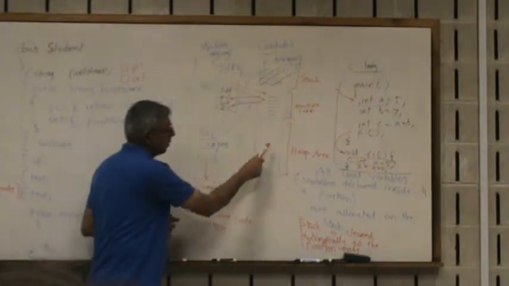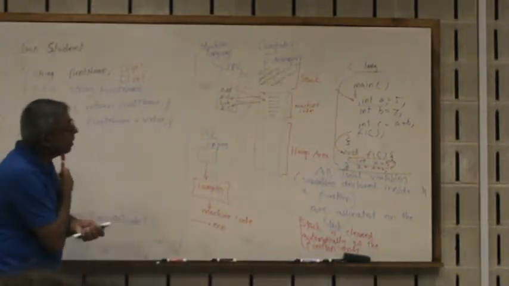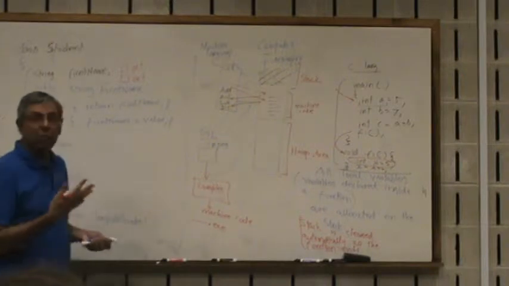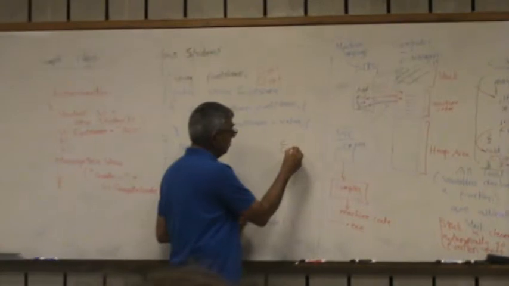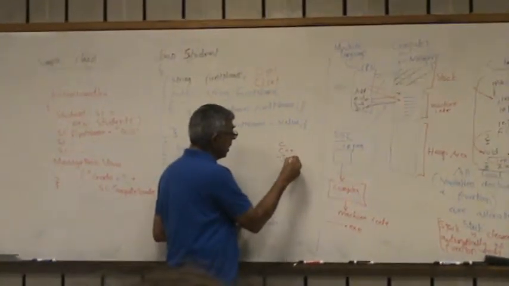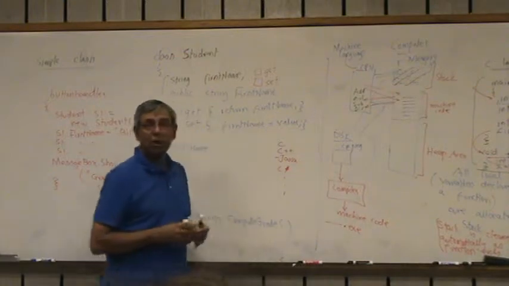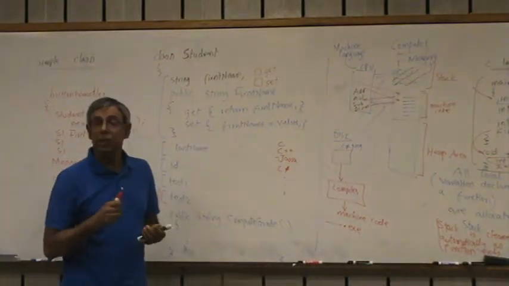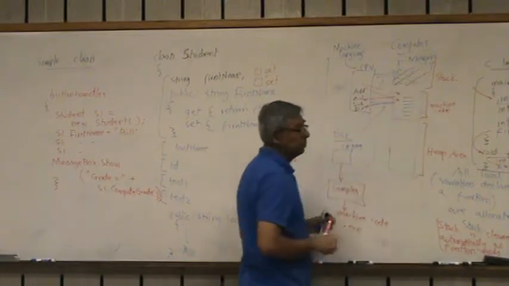Now let's come to the heap area. All programming languages these days, such as C, C++, Java, C#, Python, and so on, allow us to use the stack memory area as well as the heap memory area.